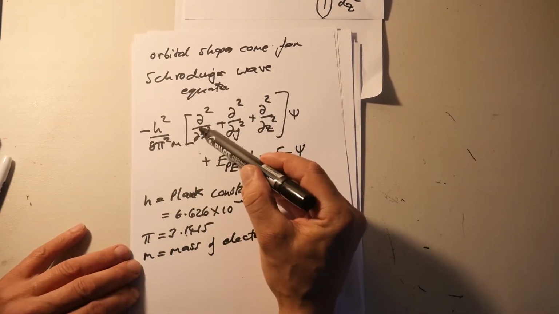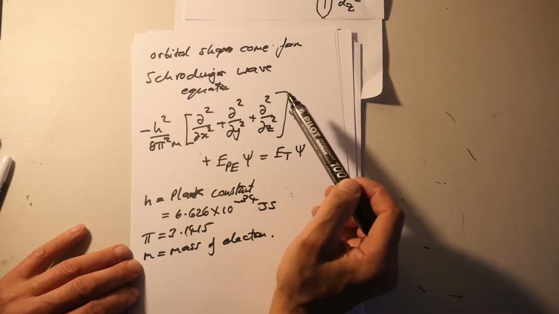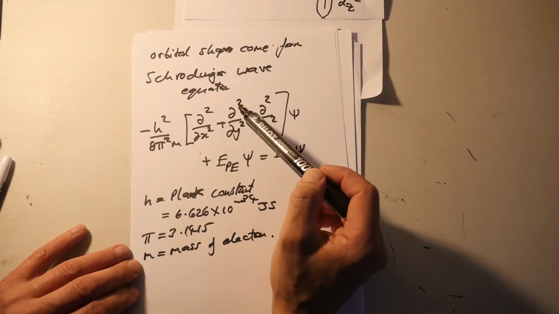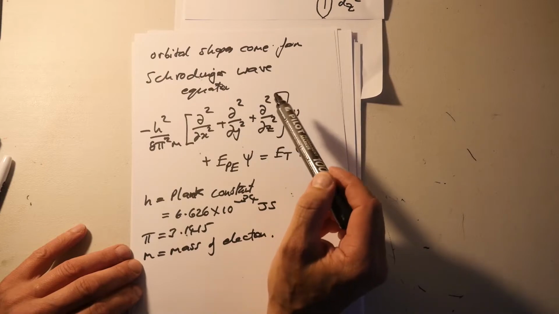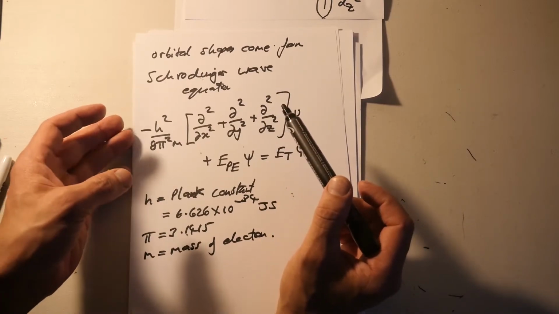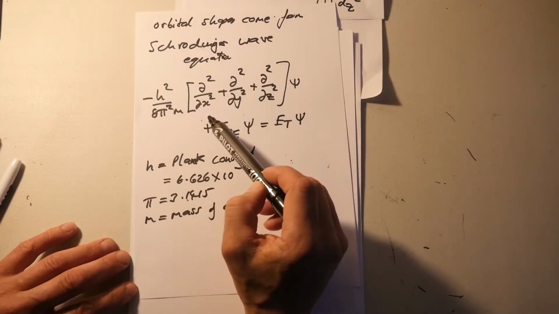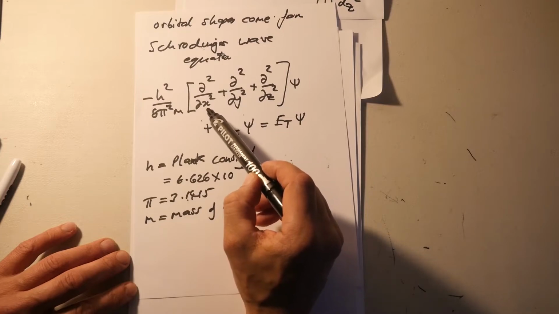These are partial derivatives with respect to x, y and z because it's three-dimensional. Partial derivatives are a bit like derivatives, but I can't really explain it in only 10 seconds. You have a function with x, y and z in it.